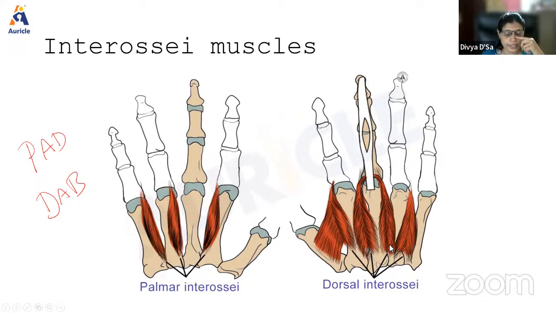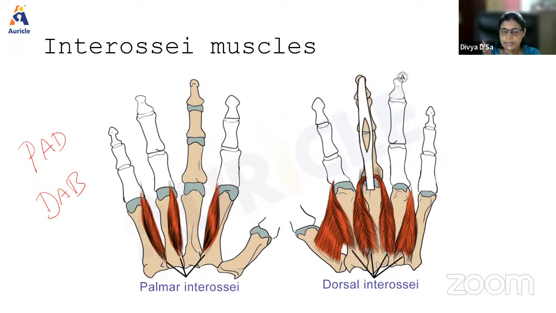Dorsal interossei bring about abduction. They have to move the fingers away from the center, and we take the center as the middle finger. So the first dorsal interosseous gets inserted onto the lateral side.